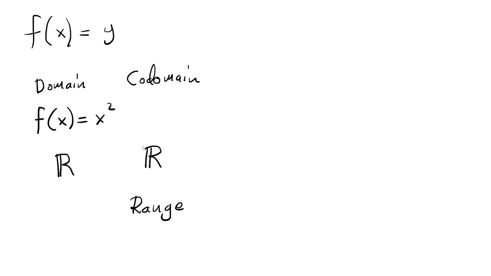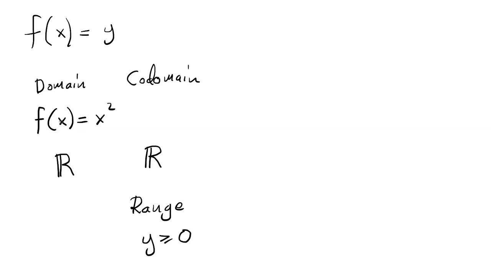The codomain says where they could possibly end up, but in reality they will end up in a smaller part of this, and we call it the range. So they will end up in the set of all y's equal to or larger than 0. So this is the range, or the image, of the function.